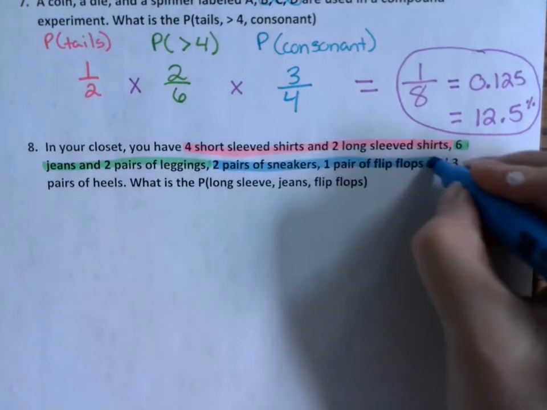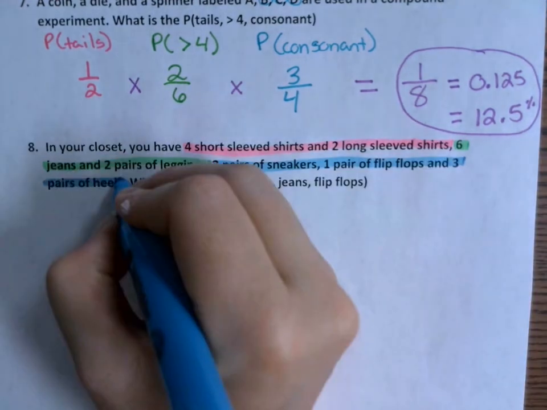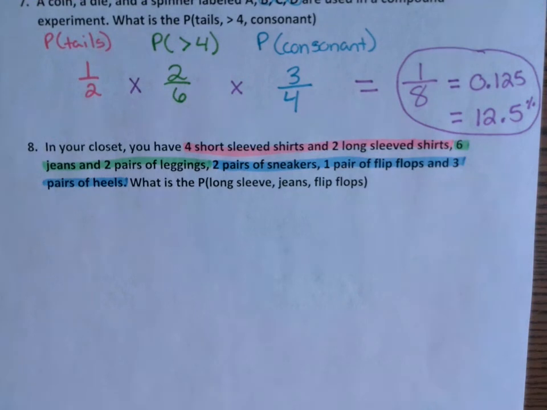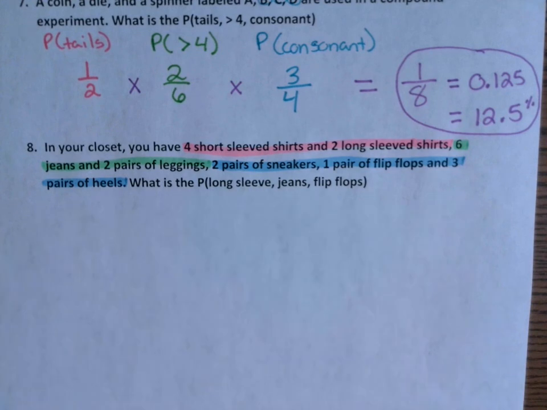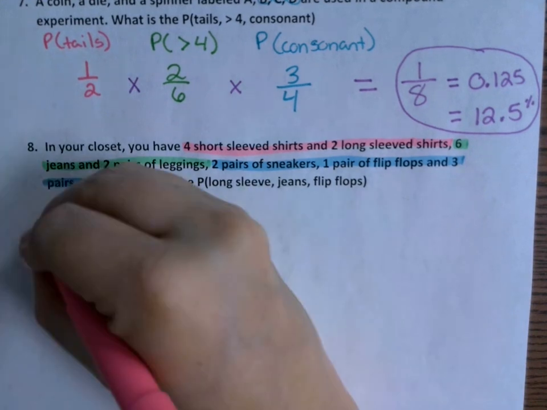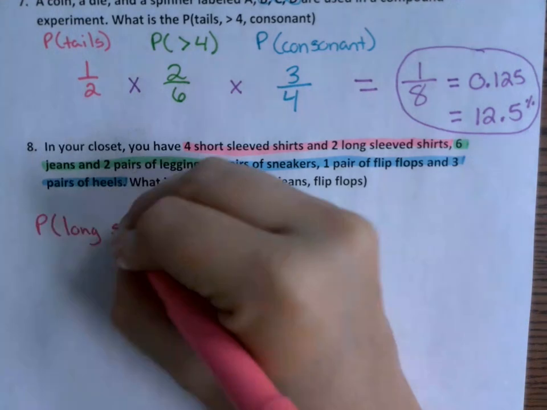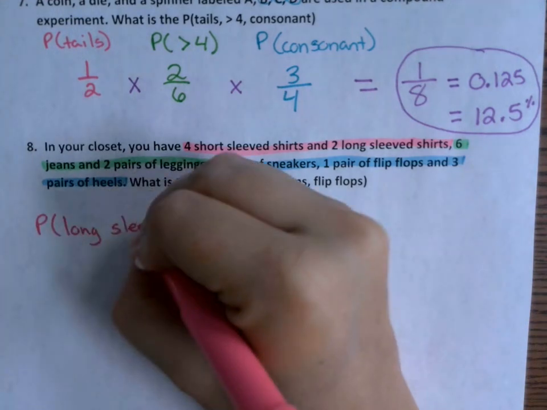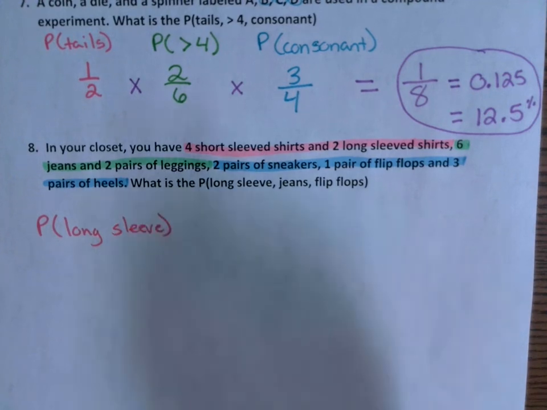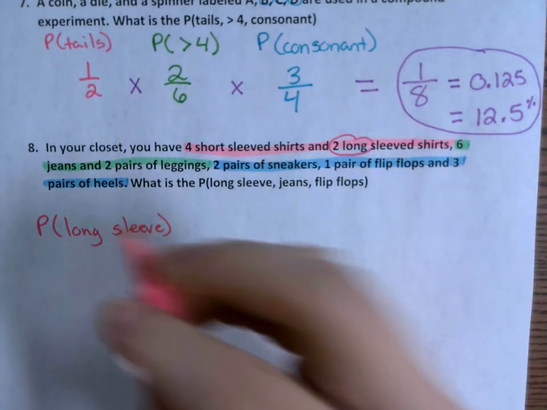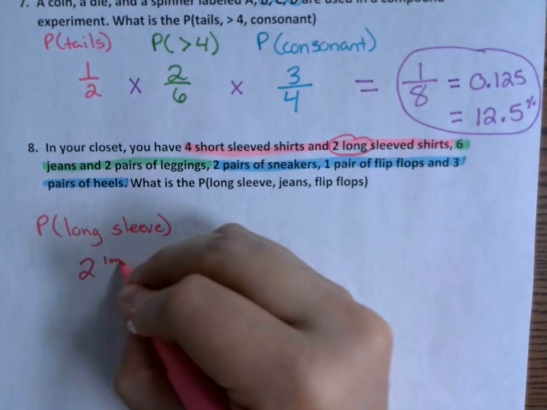So we're going to set up our probabilities here. We want the probability that our first choice is going to be a long-sleeved shirt. So the probability for a long sleeve. How many long-sleeve shirts do we have? 2, right? We've got 2 long-sleeved shirts out of how many total shirts? 6.